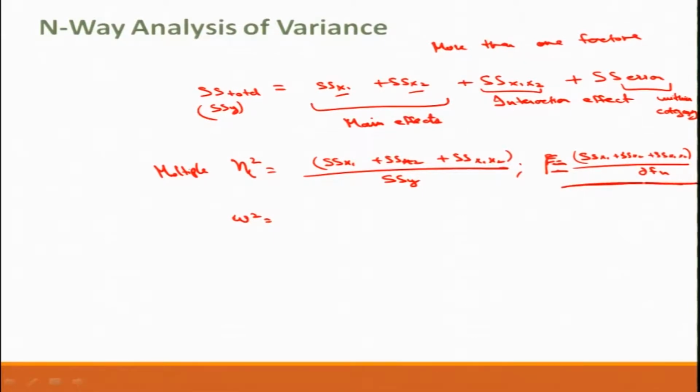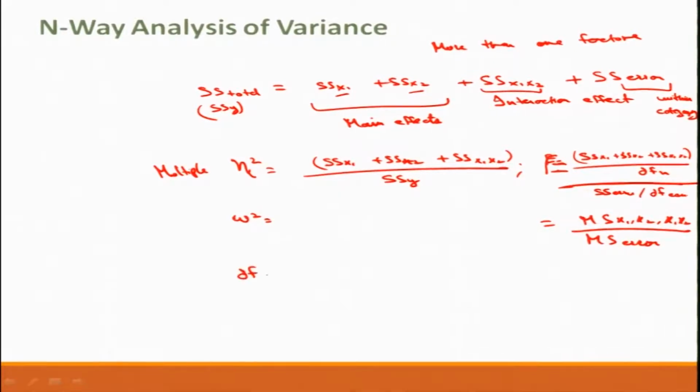Over this, the mean square for x1, x2 and x1x2 combined, divided by SS error over the degrees of freedom for error. So this is nothing but the mean square for x1, x2, x1x2 divided by the mean square for error.